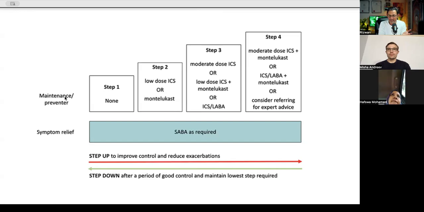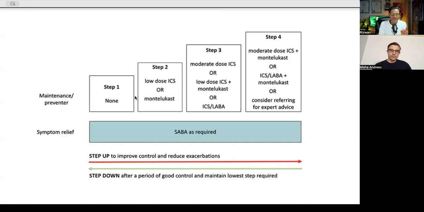What is a maintenance preventer? Like Flixotide or fluticasone or an inhaled corticosteroid. So step one, no utilization. When we see patients most commonly in the emergency department in the hospital, if they're not using any preventer, that's fine. Step two, you do add them on once a week of a low dose inhaled corticosteroid.